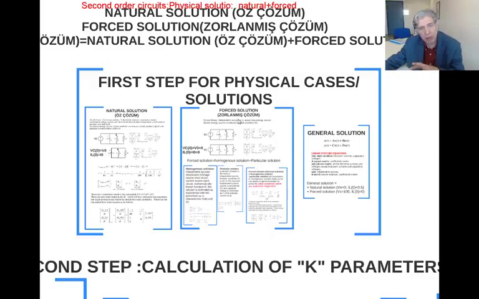The second one is where energy sources related to initial conditions are 0, and the independent sources are in. Find the forced solution. The summation of this natural solution and forced solution gives us the general solution. So let's see in detail this natural solution and other solutions.